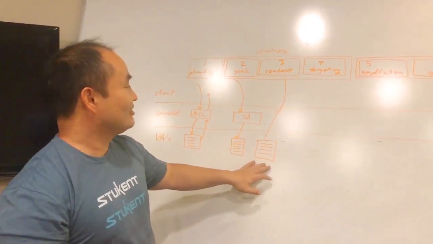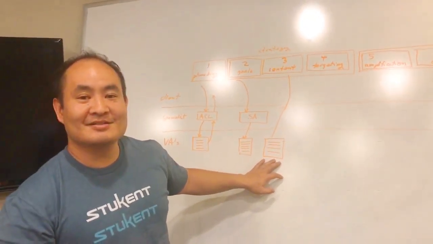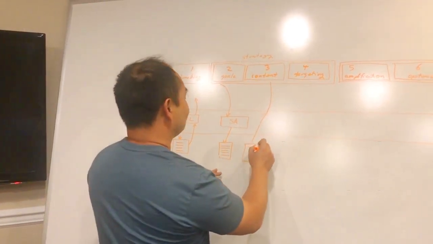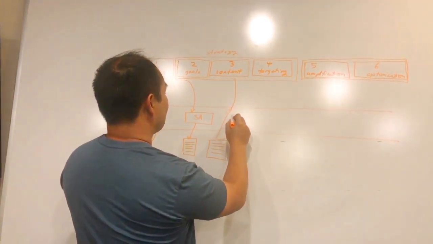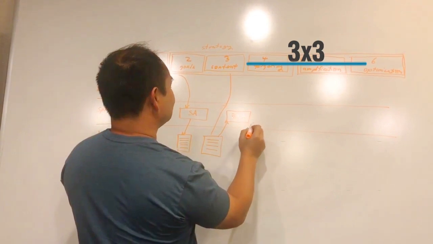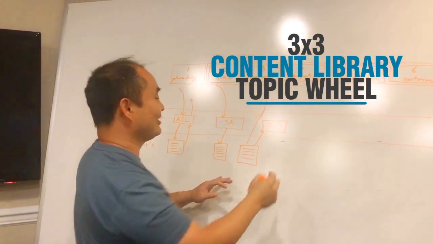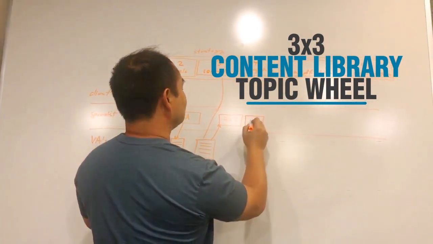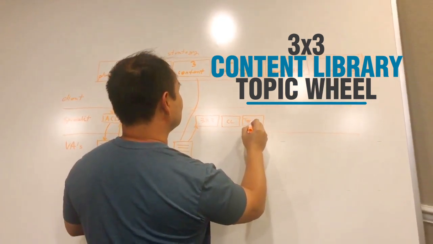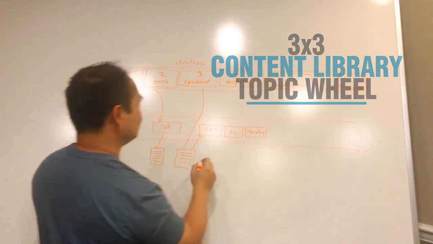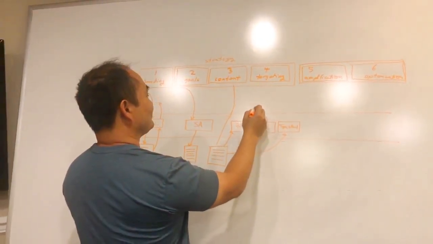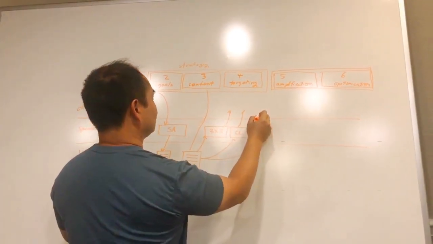We find examples of all the content in terms of all the positive mentions that we can find about them, right? And then we give that back to the specialist because we put that in the 3x3, or we put it in the content library, or we put it in the topic wheel, and then deliver these back to the client, right?